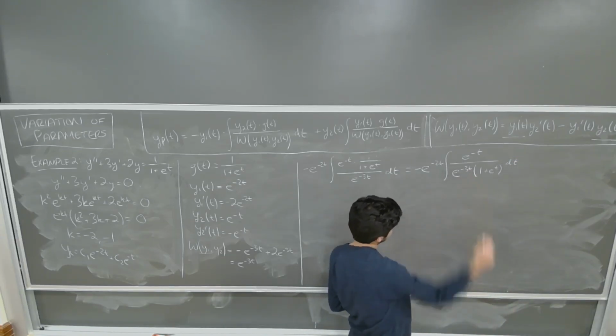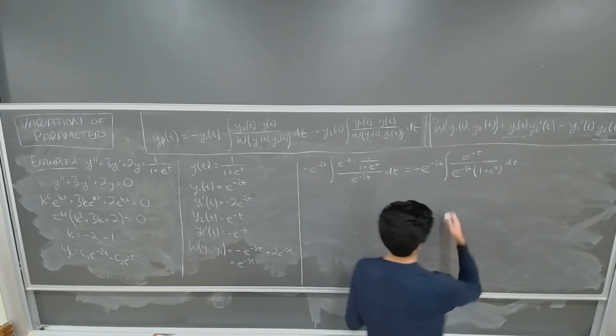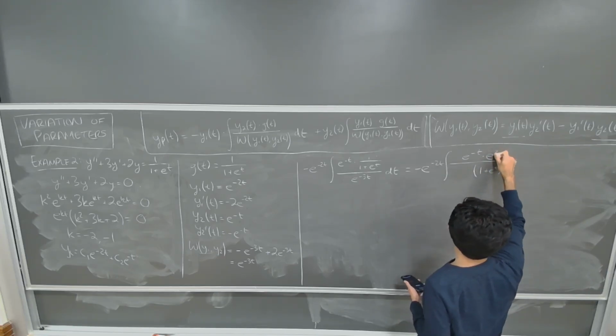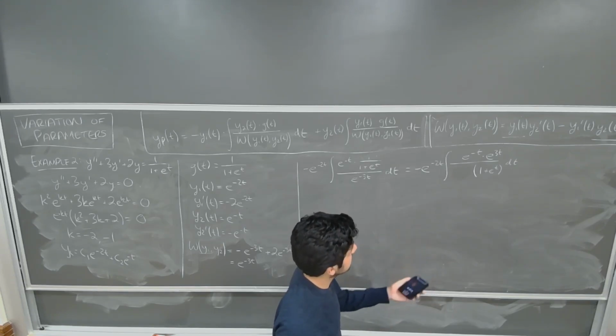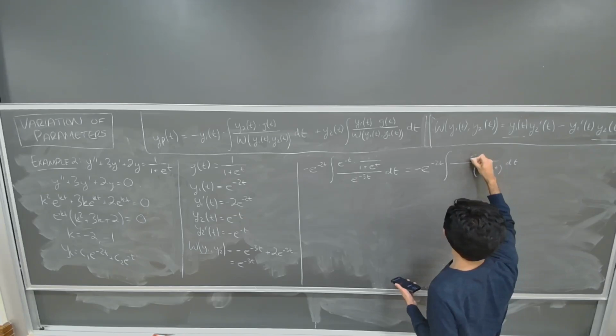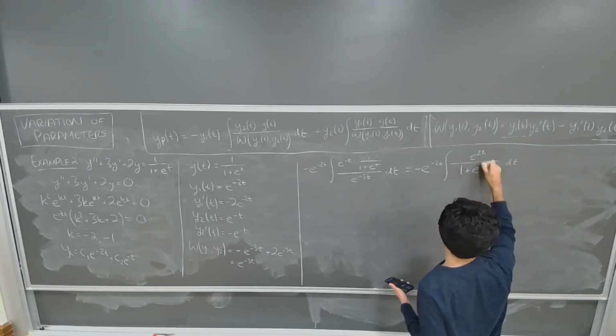But having a negative exponent in the bottom is equivalent to having a positive exponent in the top. So we can remove this and multiply it by e to the 3t. Those have like bases, so we can just add their exponents. And this is e to the 2t all over 1 plus e to the t.